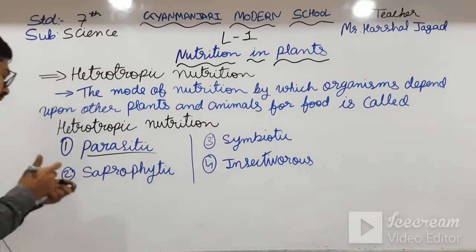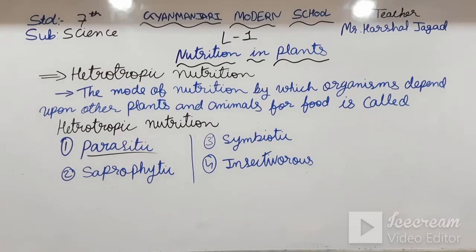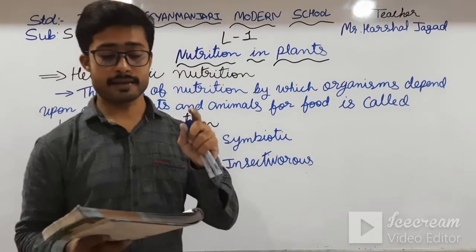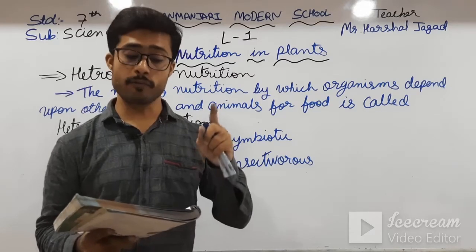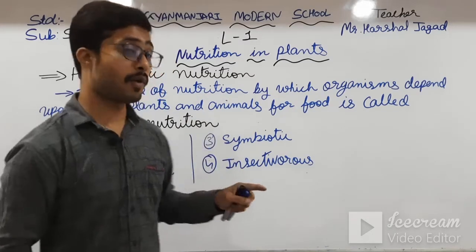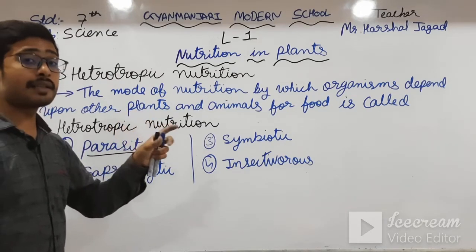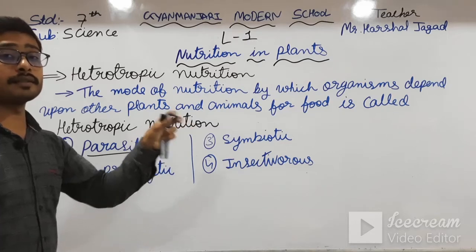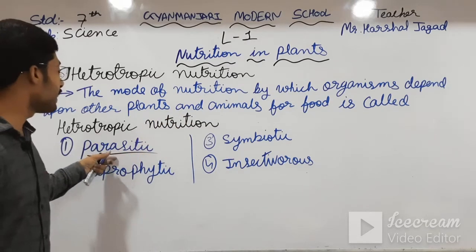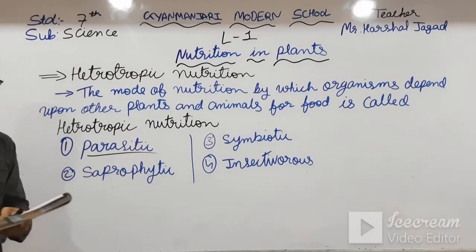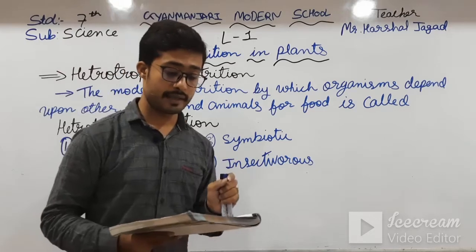They are parasitic nutrition. See here, you can see it is written over here. See in page number 15, parasitic plants: plants that absorb food from other green plants. Okay students, next we can see parasitic plants are non-green.